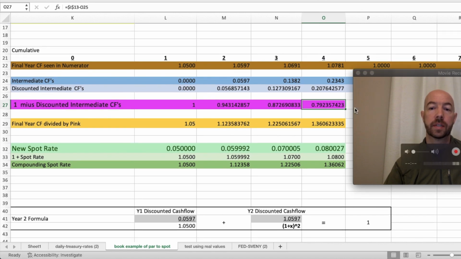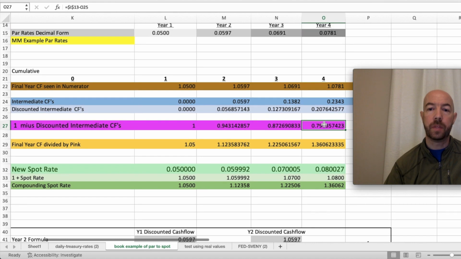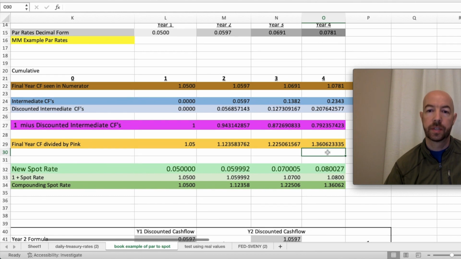In this case, it's 7.7923 and some change. And then we're going to take the final year cash flow divided by this pink number, 1.3606.